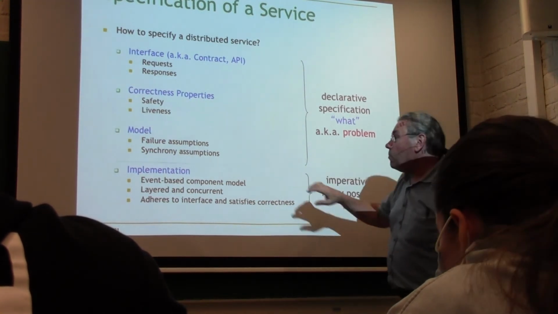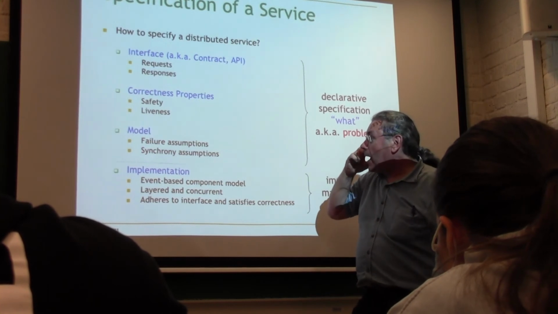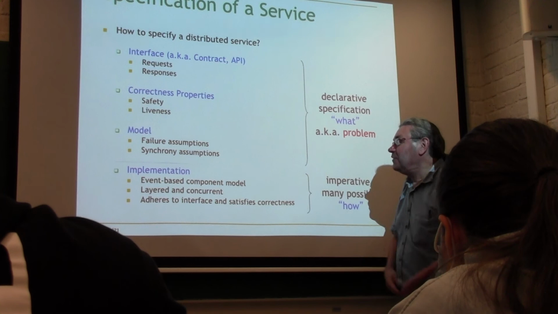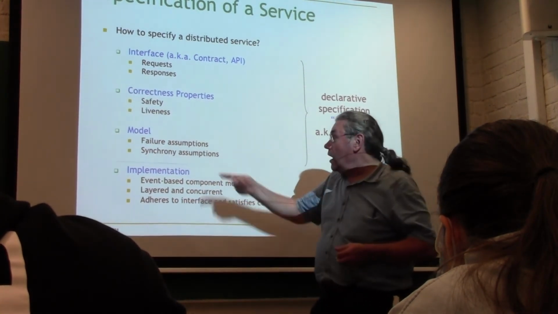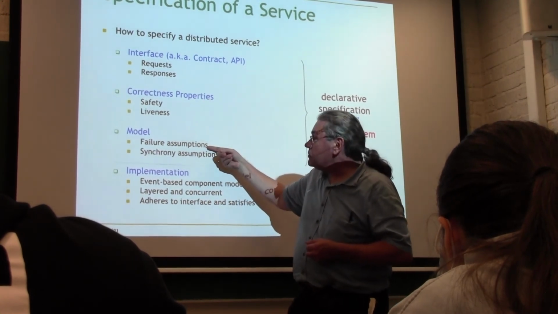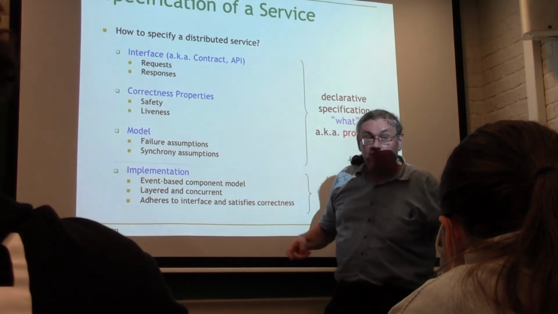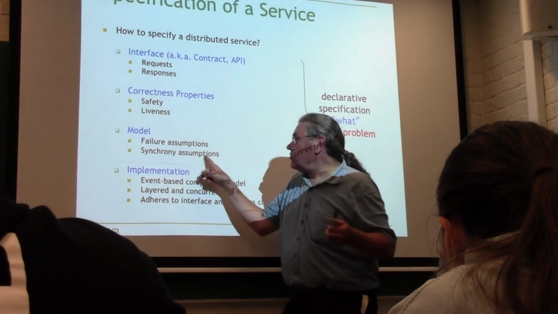Model is new because there are many different kinds of distributed systems, and sometimes the algorithm depends on the model. So, failure assumption. Can the nodes fail? How can they fail? Is it Byzantine? Is it just crashes? What kind of failure? It depends. The algorithm might be really complicated if you have to handle failure. And then synchrony.